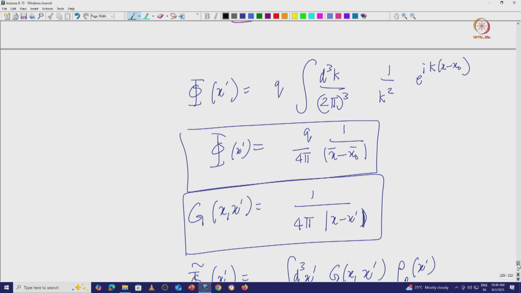This just becomes the 1 by r Green's function in the position space, but it is always important to remember the momentum space representation, which is 1 by k square.